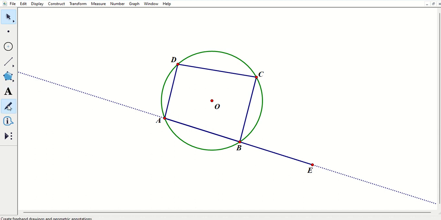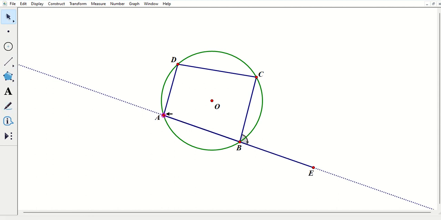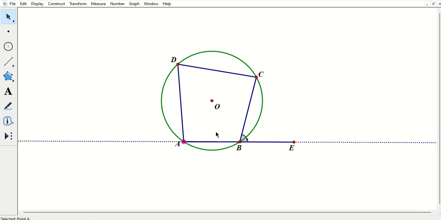Now I'm going to mark off the exterior angle here. This angle here is my exterior angle. And by the way, I'm just going to change the variation of the thing because some would think that BC is parallel to AD. Here's my exterior angle.